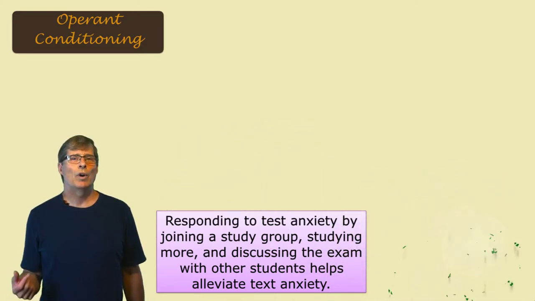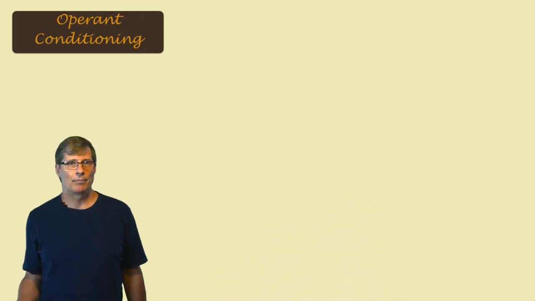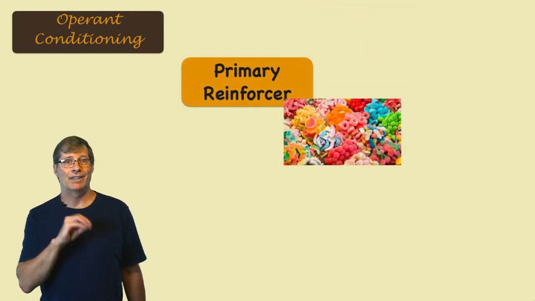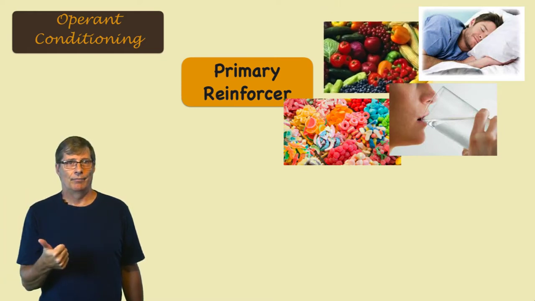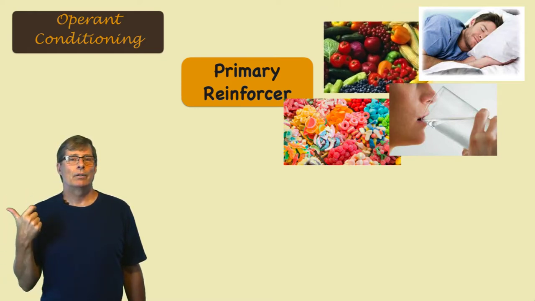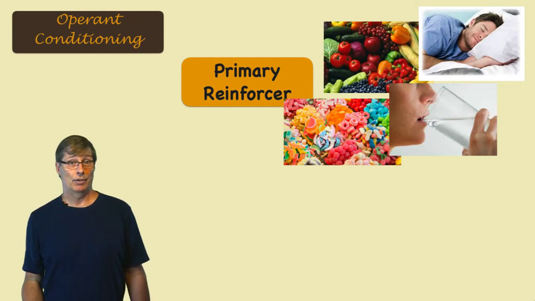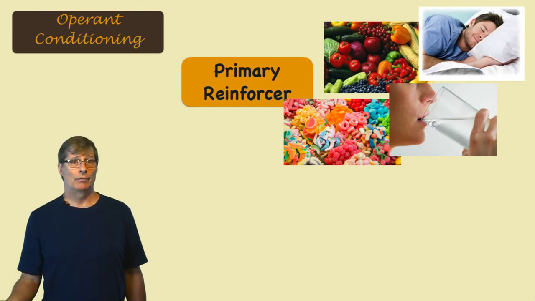Now, if we look at what is a primary reinforcer, there's primary and secondary. Primary reinforcers are reinforcers that fulfill a basic physical need for survival and do not depend on learning. So food, water, and sleep would be considered primary reinforcers, whereas secondary reinforcers are acquired or learned through association with other reinforcers.